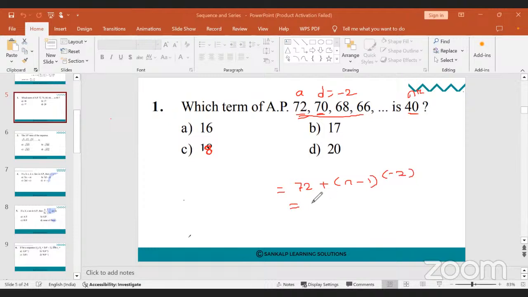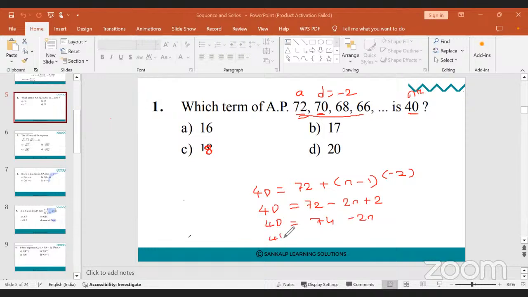Tn is equal to 40. The nth term is 40. So 72 plus, you can write it directly, minus 2 into n, that is minus 2n, minus 2 into minus 1, that is plus 2. So try to solve and you'll get the answer. It is 74 minus 2n, which is 40.